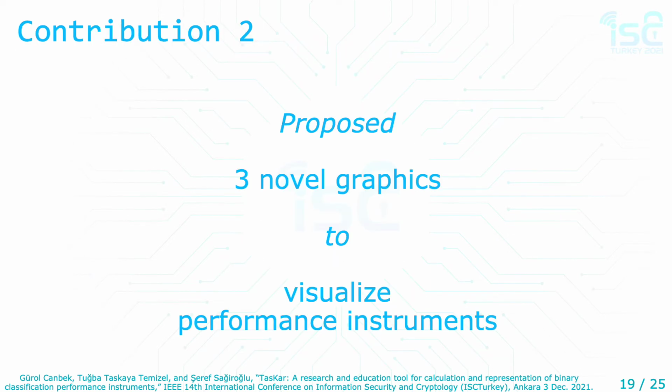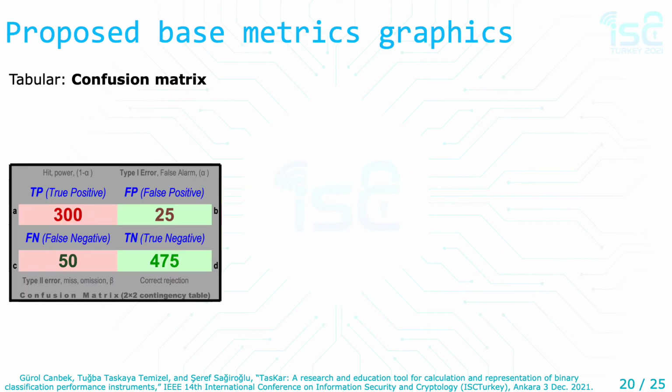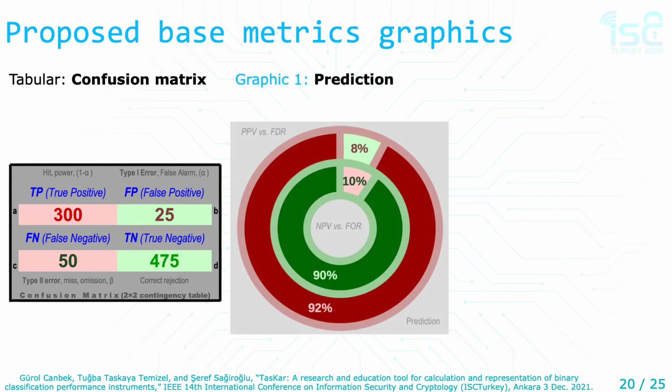Considering the limited suggestions in the literature and software packages, we propose three novel graphics to visualize performance instruments in a well-defined and easy-to-understand manner. The graphics proposed are explained based on the classification results you see. The first graphic shows the prediction performance of a classifier.